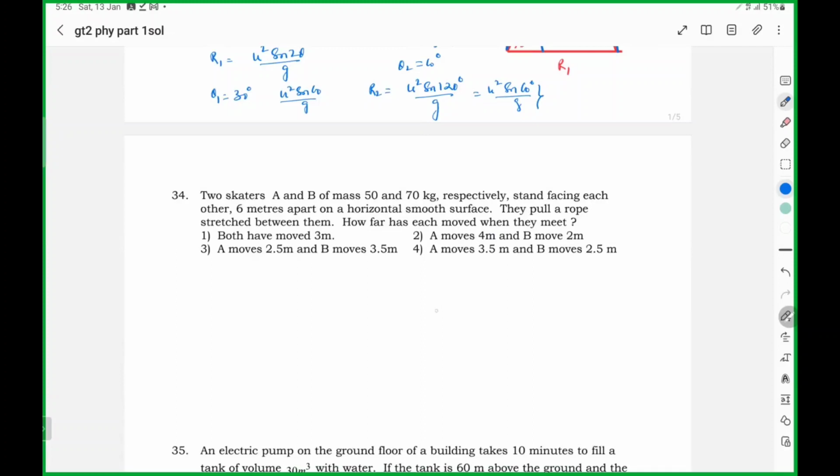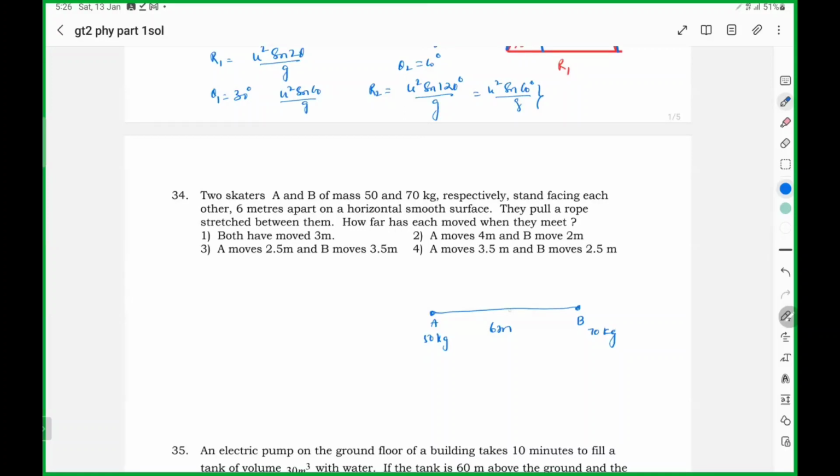Two skaters A and B are 6 meters apart. One has mass 50 kg, the other 70 kg. So what will be the center of mass of this system?